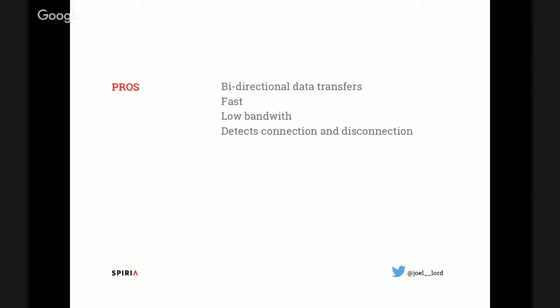So that communication is fast and uses very low bandwidth, so you don't have to bother with all the handshakes. Well, the browser takes care of that for you, but still you reduce the time and bandwidth with useless data that you don't have to send anymore because the tunnel is already established. Another nice thing about it is that it detects connection and disconnection, so you can see who's online, for example, or who's not online.